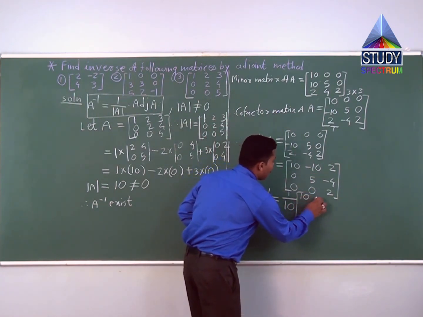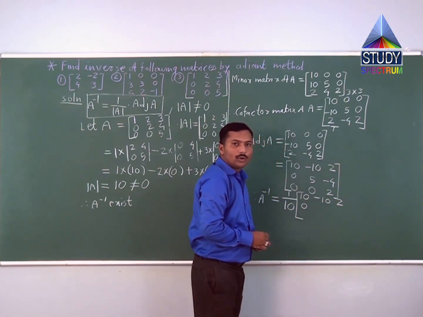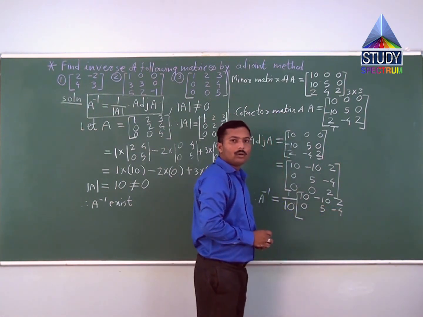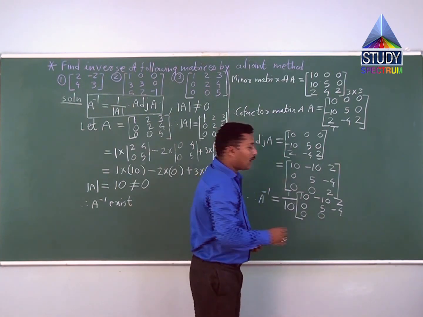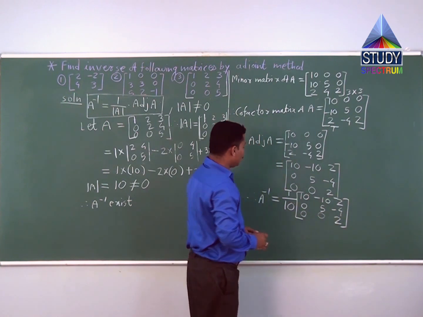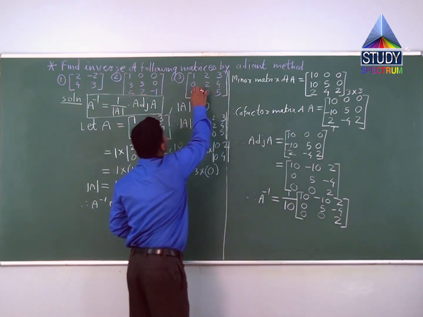So 10, minus 10, 2, 0, 5, minus 4, 0, 0, and last 2. So this is our A inverse of the third matrix.